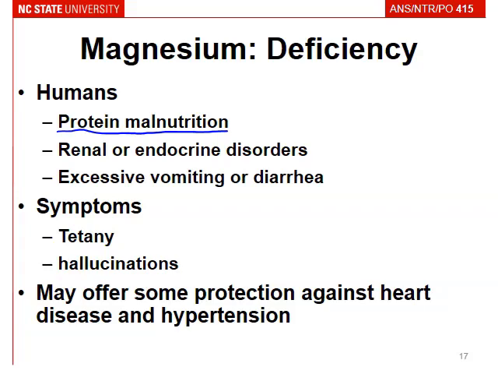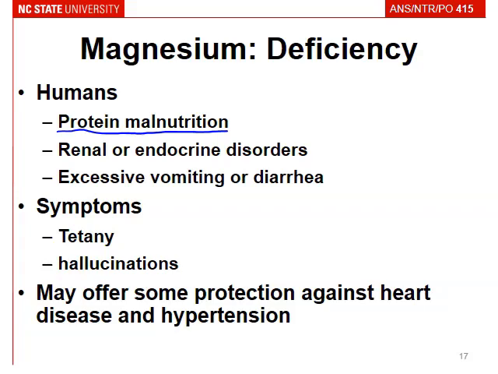If you have some renal disorder or endocrine disorder, you're more likely to get magnesium deficiency. Or if you have excessive vomiting or diarrhea, and this is more than what you would get with the flu, you don't have to worry about getting signs of magnesium deficiency if you just have flu for 2 or 3 days. So this is excessive vomiting, diarrhea, more along the cases of having Ebola or something, uncontrollable for prolonged periods of time.